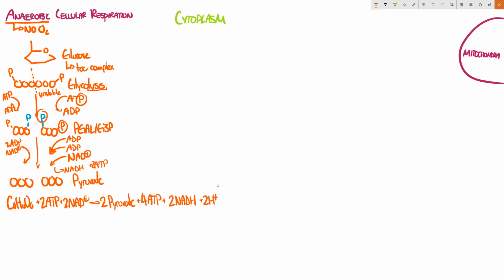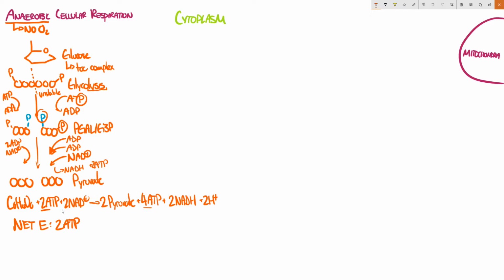You don't need to worry about the hydrogen protons too much. What's important here is that we invested 2, we produced 4. So our net gain in energy is 2 ATP. Not super efficient, but that's what it's going to do.